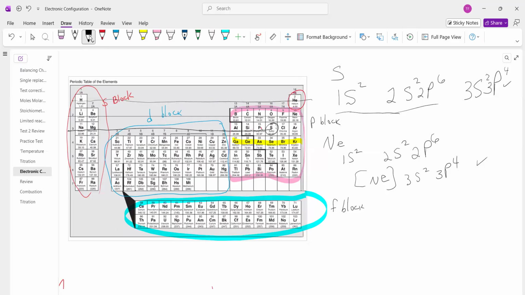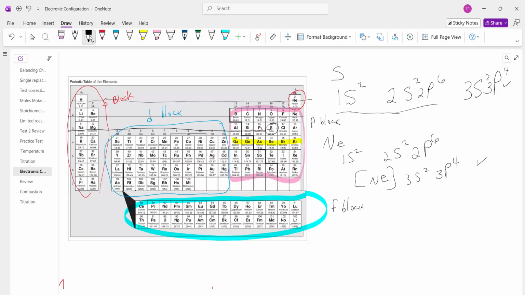Valence electrons are on the edge because they're always seeking to become more stable. To become more stable, you bond with something, or you transfer electrons, or you share electrons, but you don't remain unbonded because that's unstable.